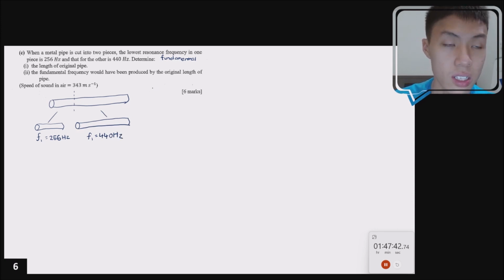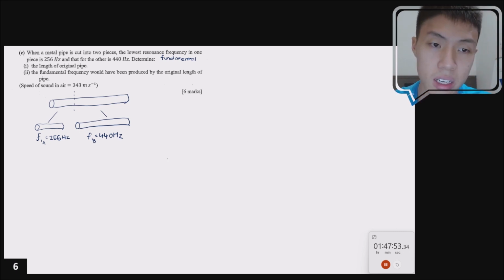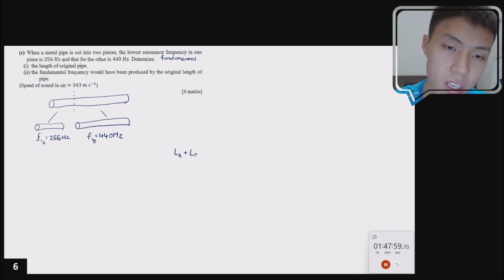Now it asks us to determine the length of the original pipe. Let's call the pieces A and B. The length of the original pipe, L, is the length of A plus the length of B, so we have to find LA and LB separately first.